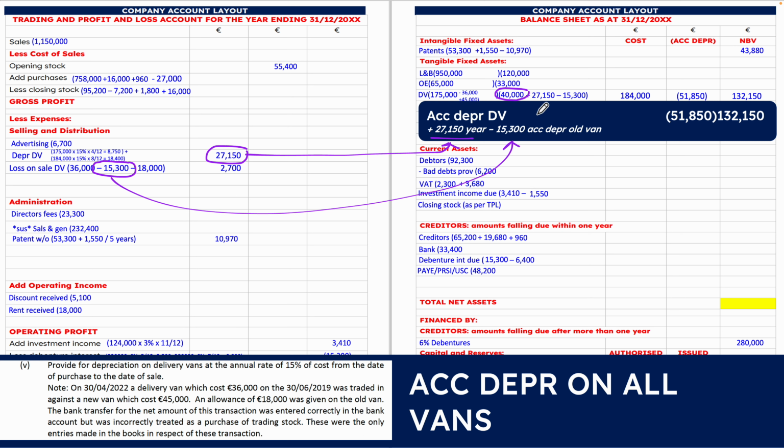So 40,000 add 27,150, and minus the 15,300 will give us 51,850, and 184 minus 51,850 gives us a net book value of 132,150. So that is the depreciation working for delivery vans, all done.